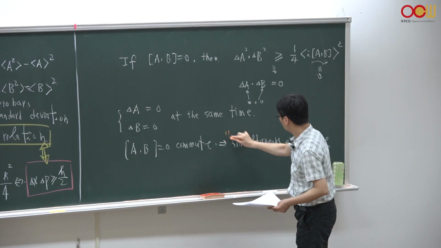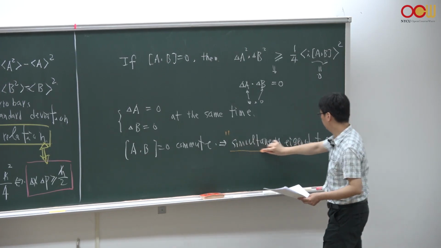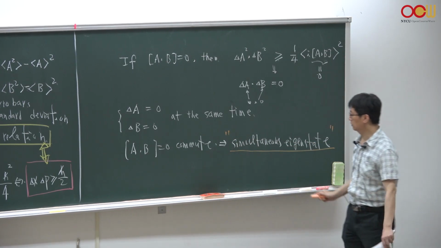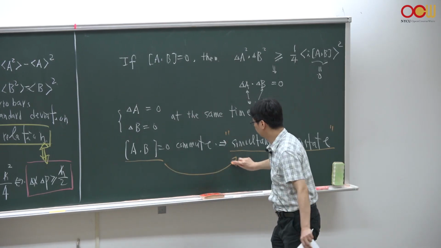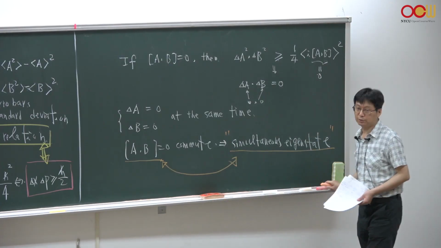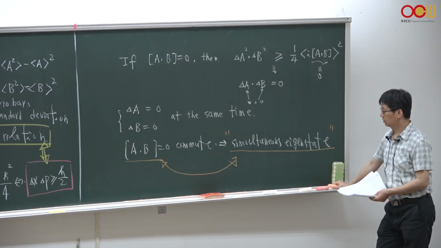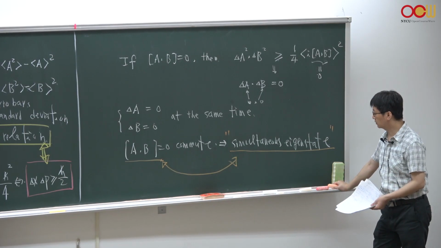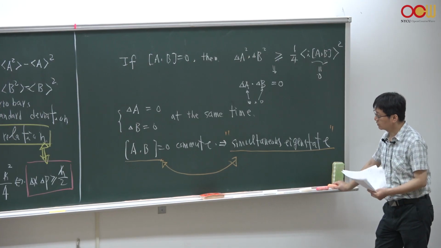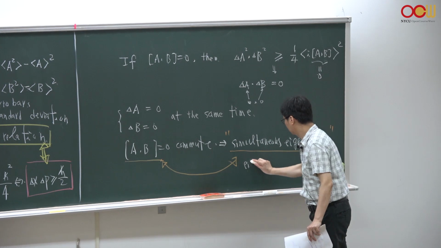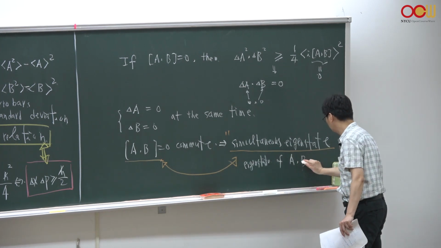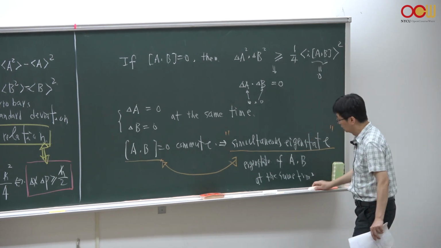The concept of simultaneous eigenstate is really important because it's tied to the commutation relations between any two operators. If two operators commute, then we can construct a simultaneous eigenstate, which is the eigenstate of A and B at the same time.